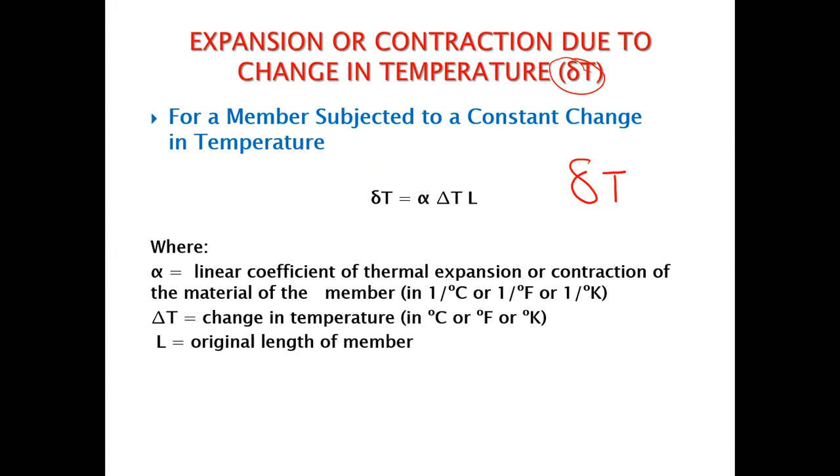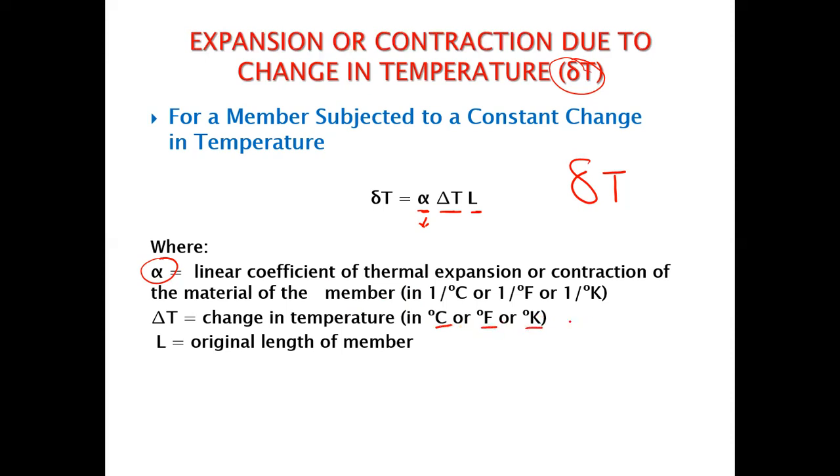For a member subjected to a constant change in temperature, delta equals alpha delta T times L, where alpha is the linear coefficient of thermal expansion or contraction of the material of the member. Alpha varies with material; it is different for steel, aluminum and copper. Delta T is the change in temperature, in degrees centigrade, Fahrenheit, or Kelvin.